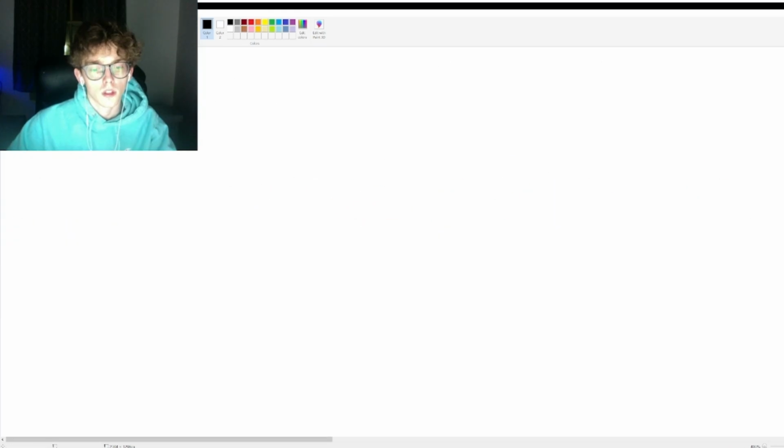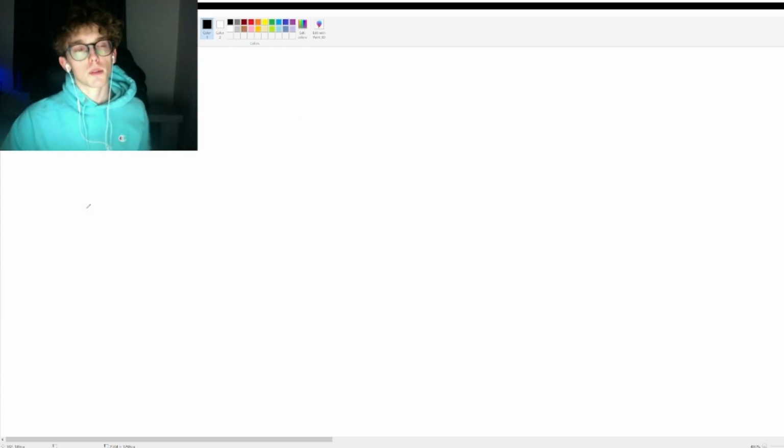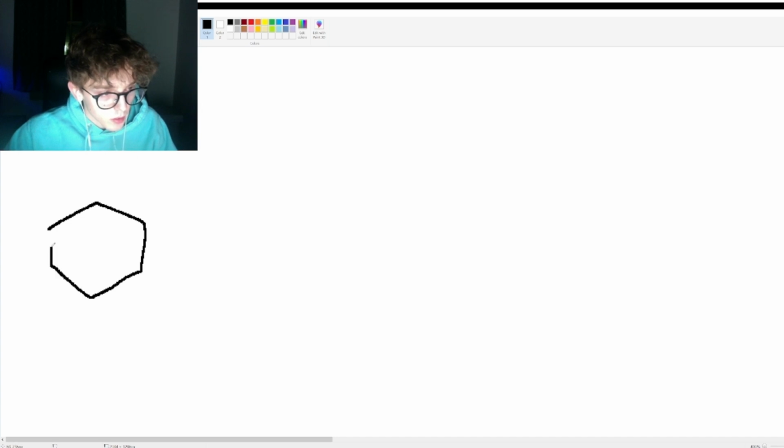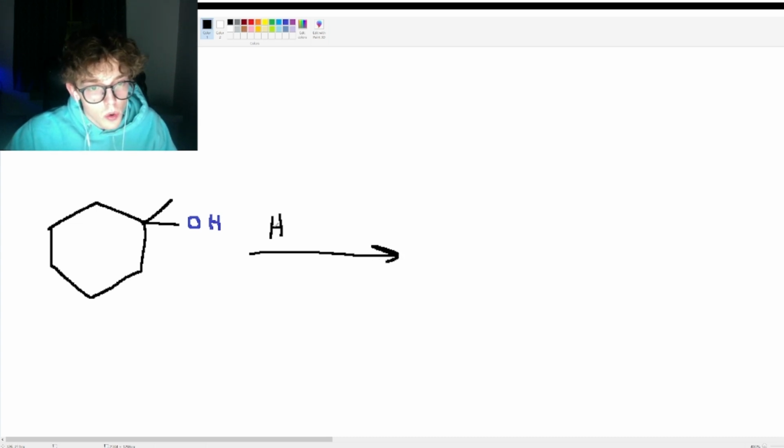So, okay, for our last reactions, we're going to look at the elimination E1, E2. They're kind of the same, so I won't spend a crazy long time on it, but let's just say we have this molecule here, and we have an alcohol. Remember, we can use H2SO4, and we can heat that mixture, and we should get an elimination.